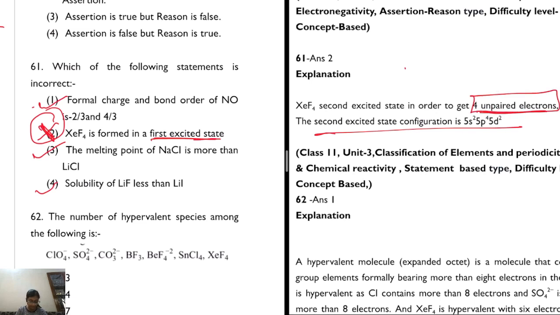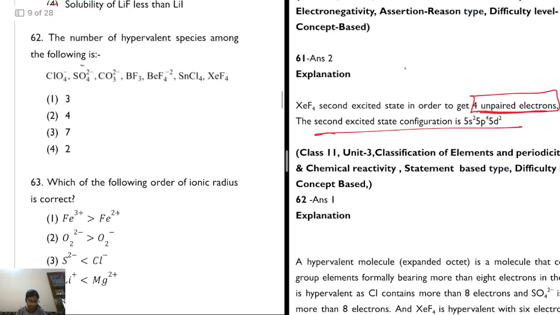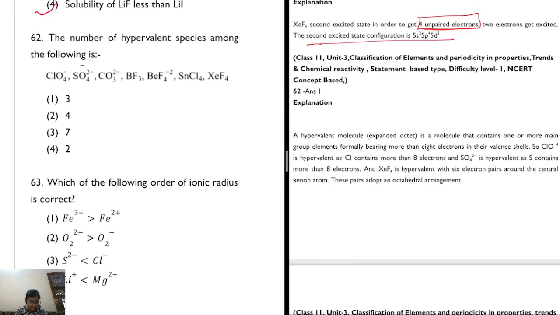Let's see the next question. The number of hypervalent species among the following. So, what are the hypervalent species which have more than 8 electrons? So, let's see for ClO4, let's see the structure. Okay, so how many electrons does it have? 1, 2, 3, 4, 5, 6, 7.